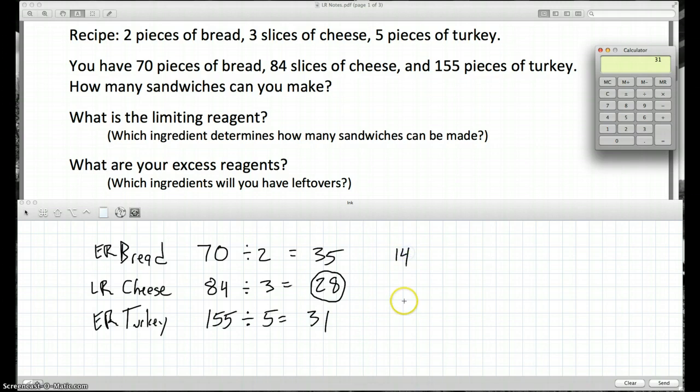So we're going to have 14 pieces of bread left over. The 28 to 31 difference is 3. So 3 sandwiches worth of turkey is going to be left over. And since there's 5 pieces of turkey for each sandwich, that would be 15. So 14 slices of bread left and 15 pieces of turkey left.